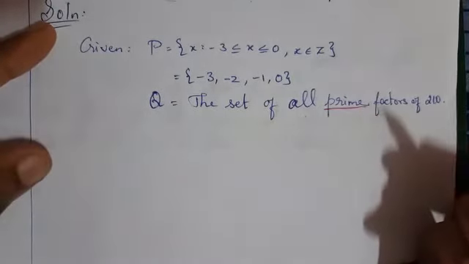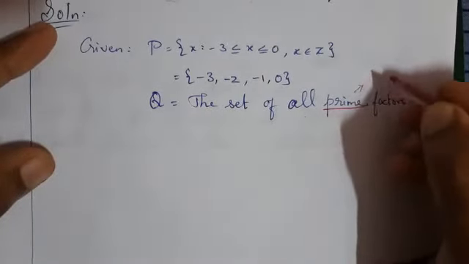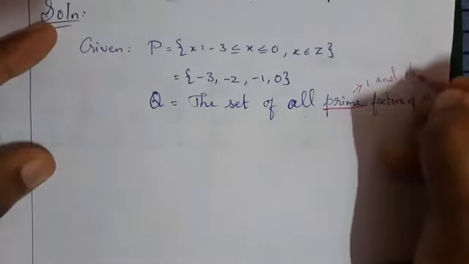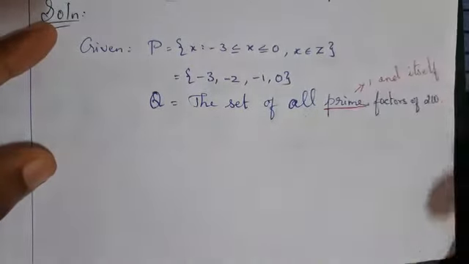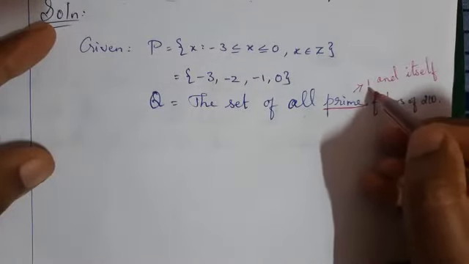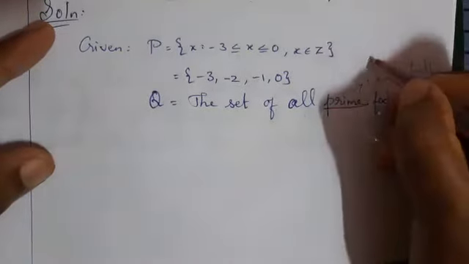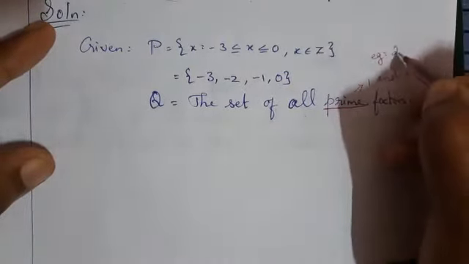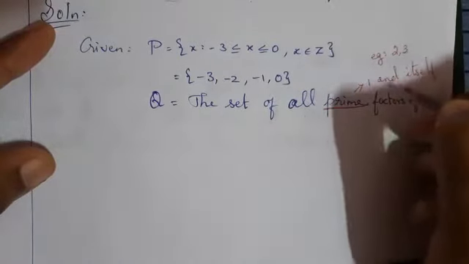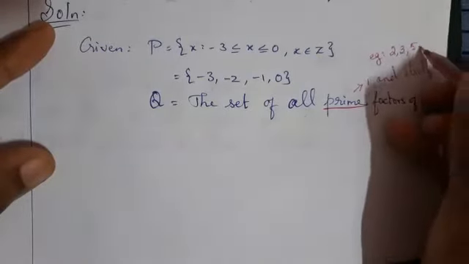What do you know about prime? Prime numbers are the numbers divisible by 1 and itself. Therefore, 2 is a prime number because it is divisible only by 1 and 2. Example for prime numbers: 2 is divisible by 1 and 2, 3 is divisible by 1 and 3, 5 is divisible by 1 and 5, etc.